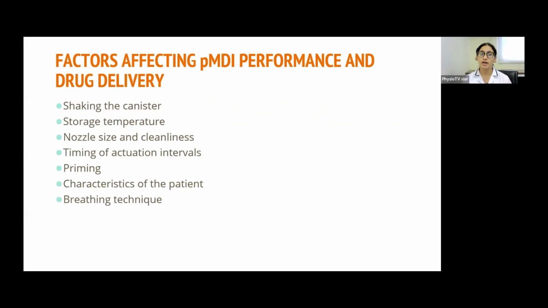Now let us talk about the factors affecting PMDI performance and drug delivery. First is shaking the canister. It is mandatory that any person using the PMDI should shake the canister thoroughly before every actuation, or every spray that they take.